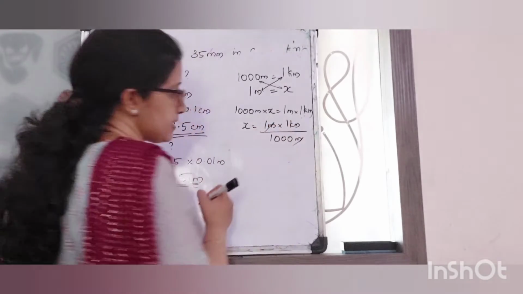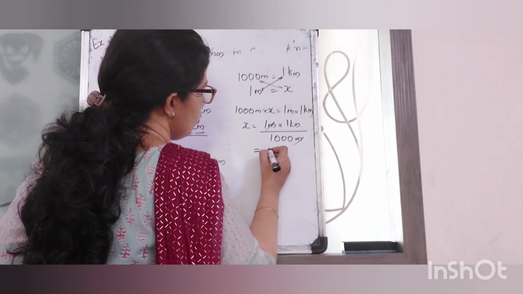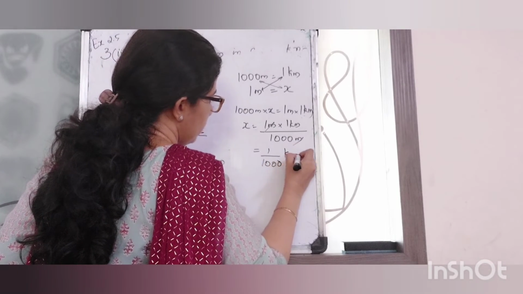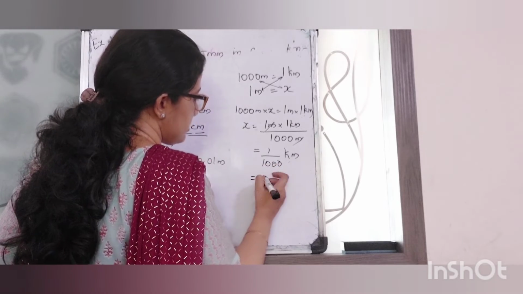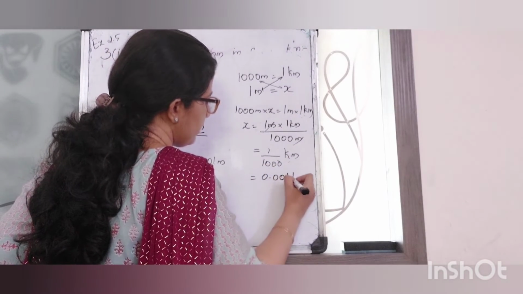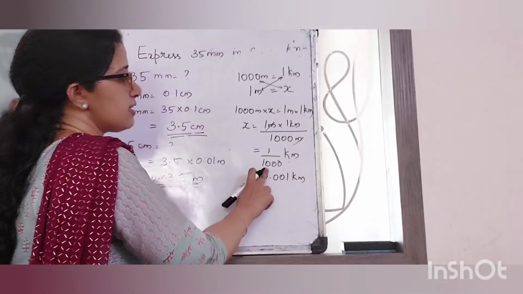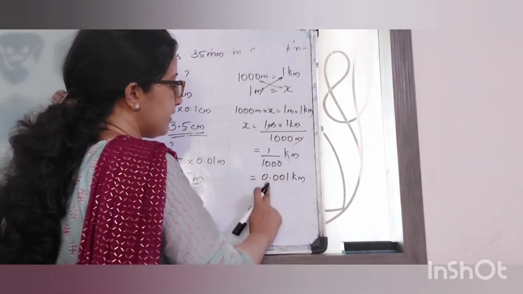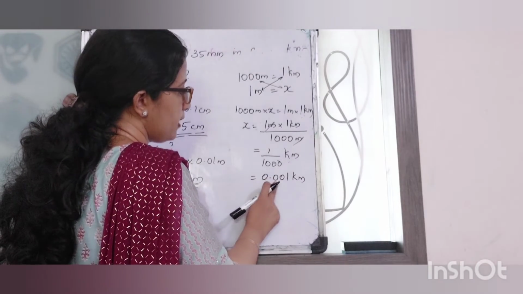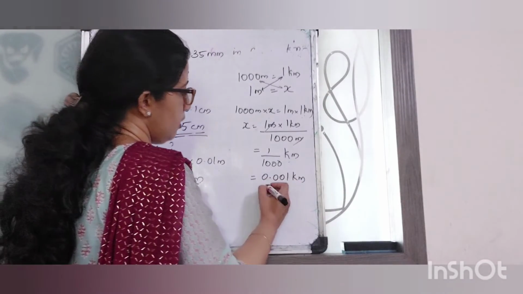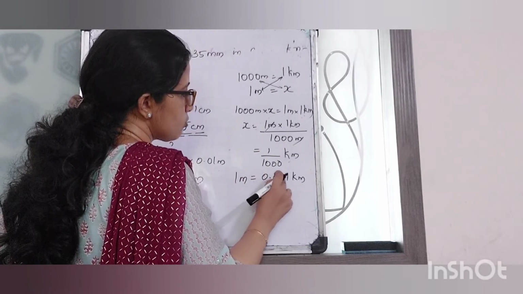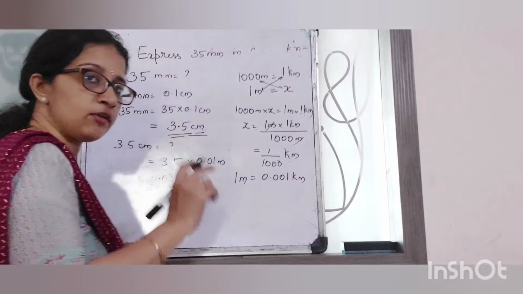Now meter cancels, so it is equal to 1 by 1000 kilometer, or this can be written as 0.001 kilometer, because since there are 3 zeros in 1000, 3 digits should be there to the right hand side of the decimal point. So 0.001 kilometer. So 1 meter is equal to 0.001 kilometer.